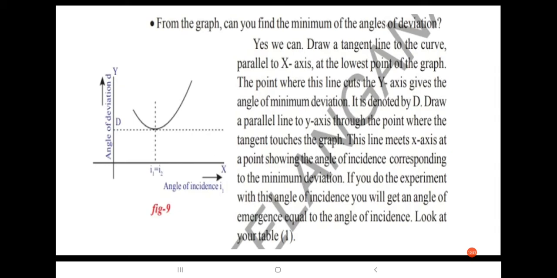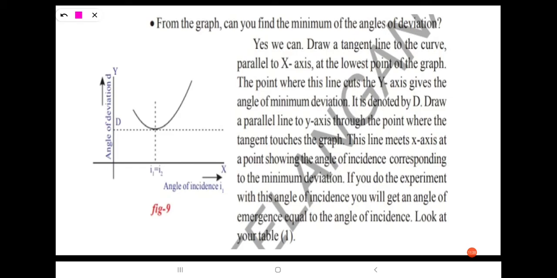From the graph, can you find the minimum angle of deviation? Yes, we can draw a tangent line to the curve, parallel to the x-axis at the lowest point of the graph.